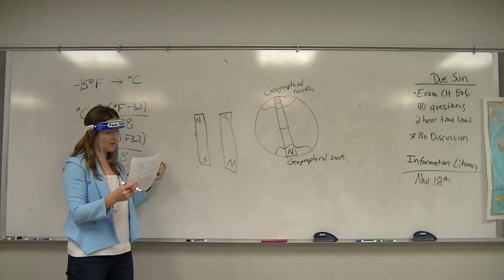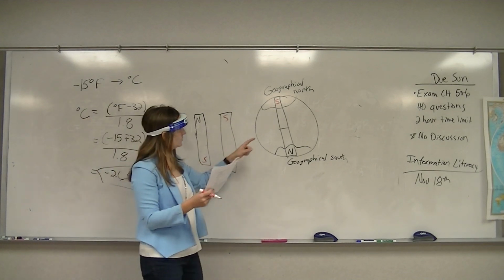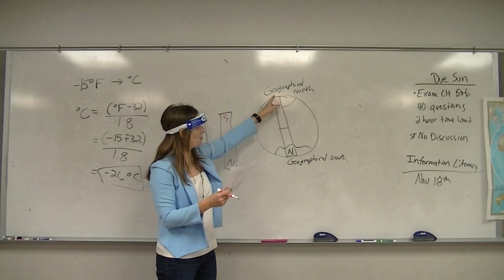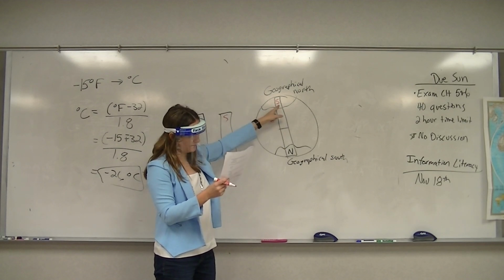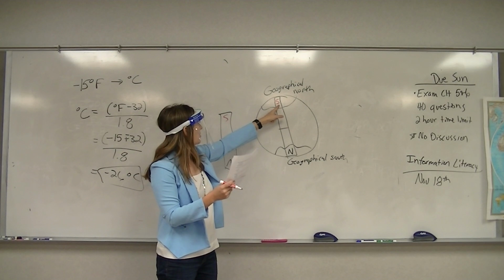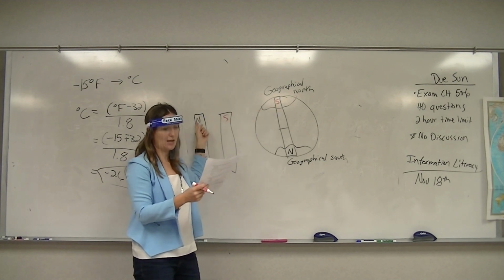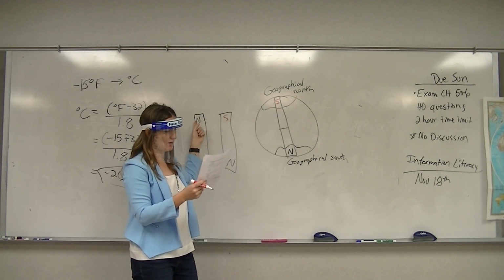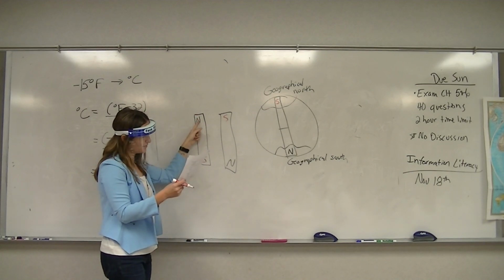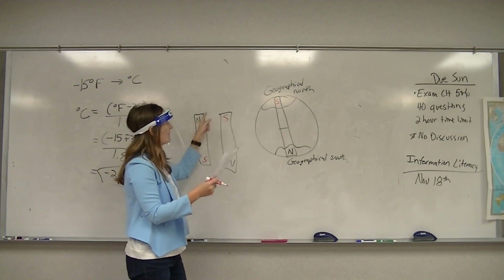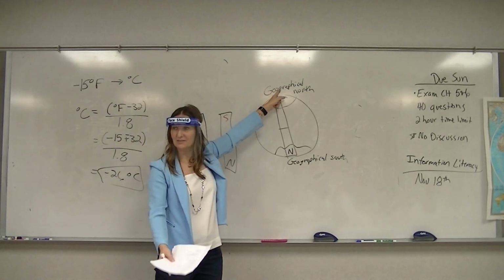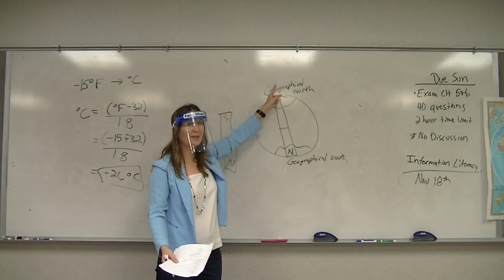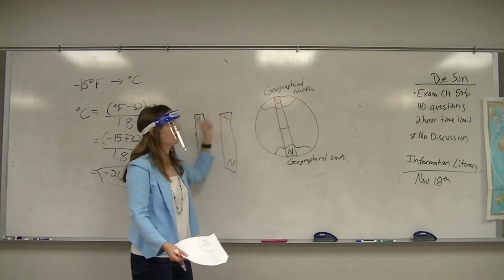For B, the Earth's magnetic south pole, that core, is attracted to the north pole of a magnet? Yes, because opposites attract. So B is correct. Will the north pole of a magnet be attracted to Earth's geographical north pole? Yes, because Earth's geographical north pole is its magnetic south and opposites attract.